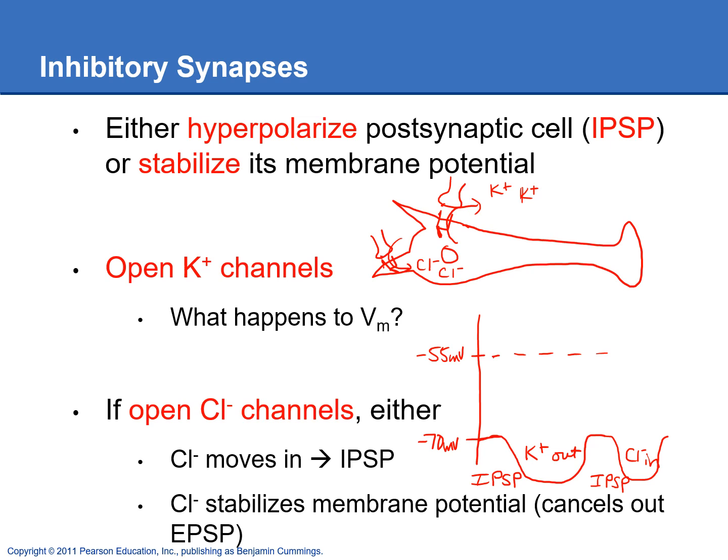And then there's one other scenario. What if we have both this neuron and this neuron firing at the same time?